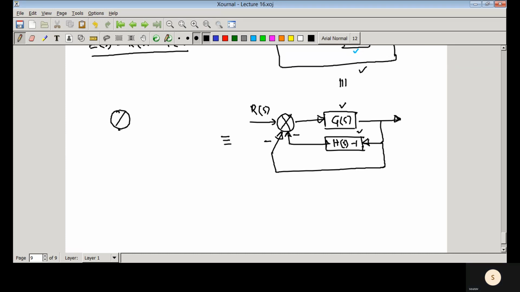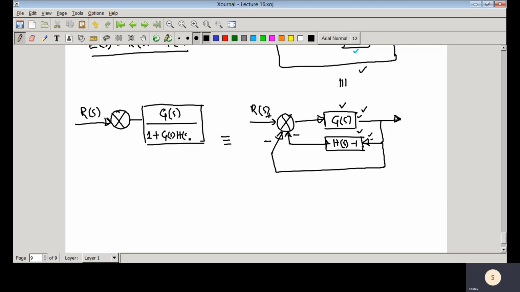That means we have that R(s) here, and if we combine this one and that one, that is G(s), we have that G(s) by, as it is negative feedback, that is 1 plus G(s) into this feedback, so that is G(s) H(s) minus G(s), and the rest of the feedback path is this one.